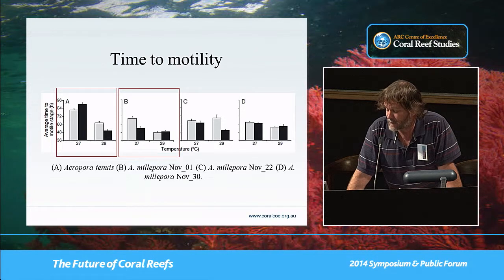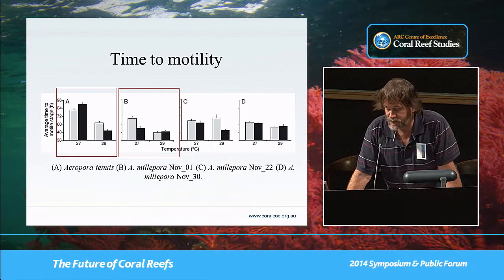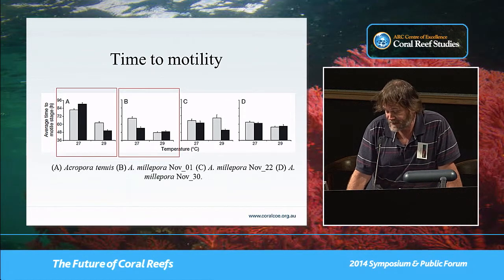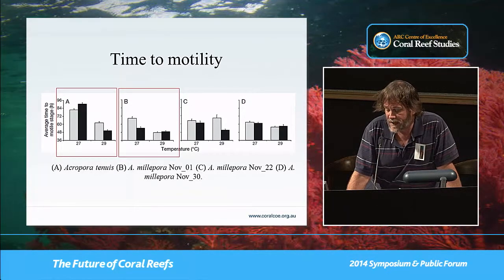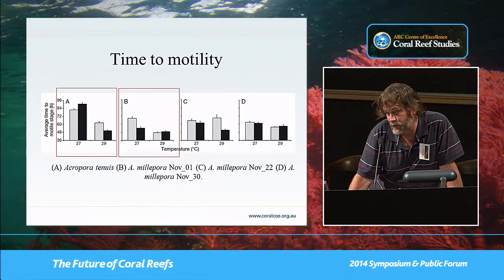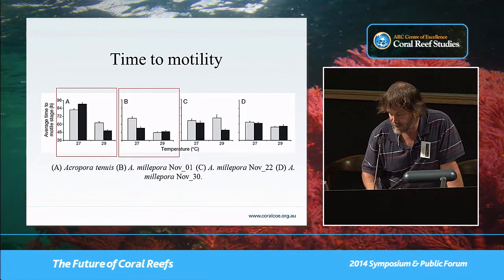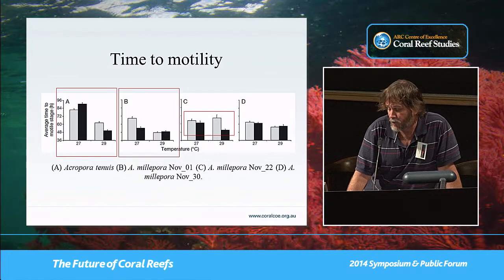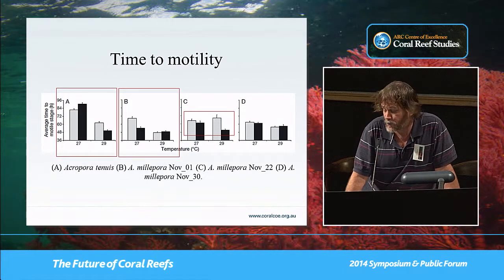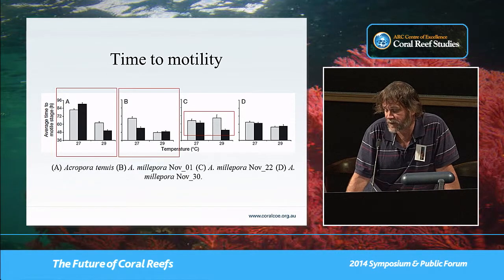In the second panel, again, an interaction between temperature and acidity. At 27 degrees, we've seen a speed up of the rate of development. Larvae are becoming motile more quickly at high acid levels. At 29, there's no difference between those treatments. In the second assay we did for Acropora millipora, this was one of the few occasions that we actually did see an effect of ocean acidity.